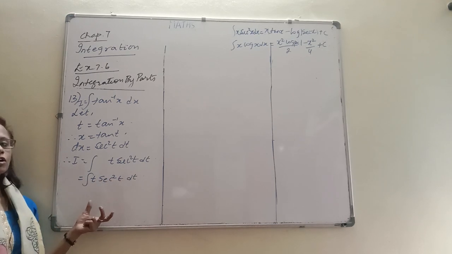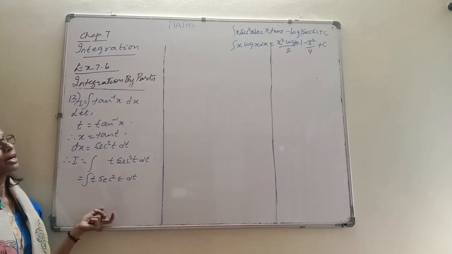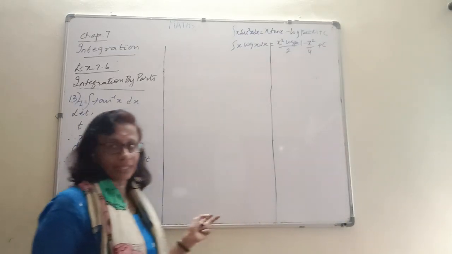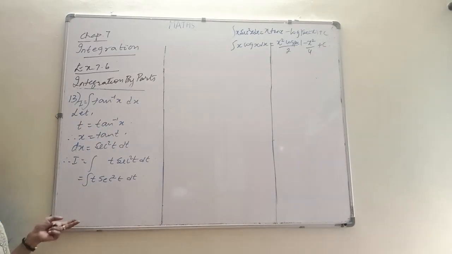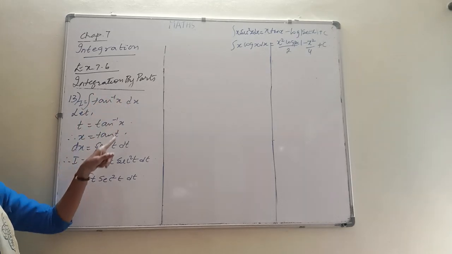Now we need not do this integral once again, because as I have written on the top of the board, integral of x sec squared x dx we have already done in problem number 12, just the previous problem. So whatever integral we get there, we can write over here.